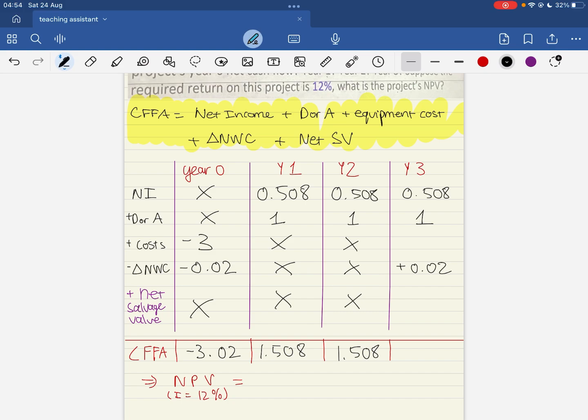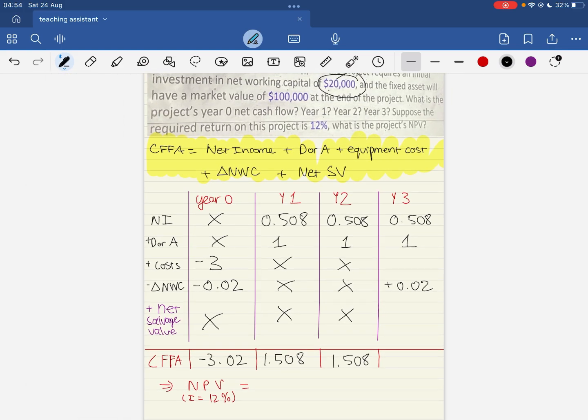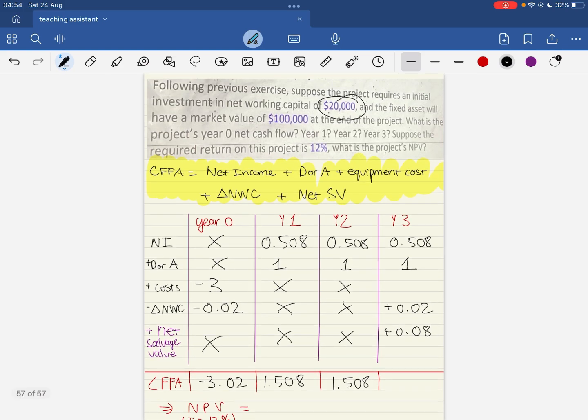And the net salvage value. The net salvage value is equal to $0.08 million. How do I know it's $0.08 million? Because they say that the fixed asset will have a market value of $100,000 at the end of the project, which is equal to $0.1 million.